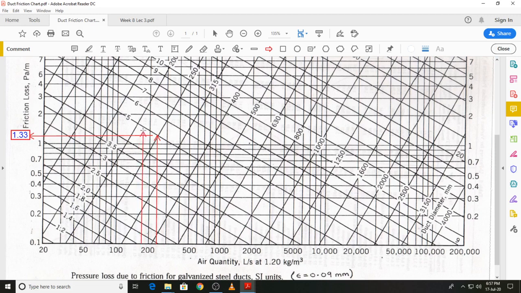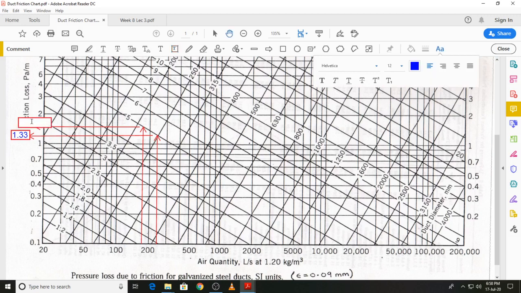And again we have to move to the 5 meters per second velocity line. As before, read the value of the friction factor. This time it has increased. It could be around 1.66, and the value I have taken is 1.55.